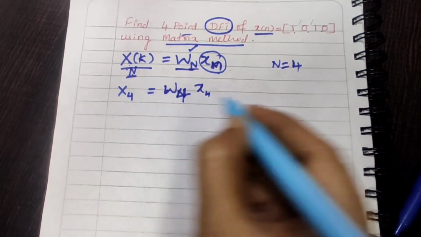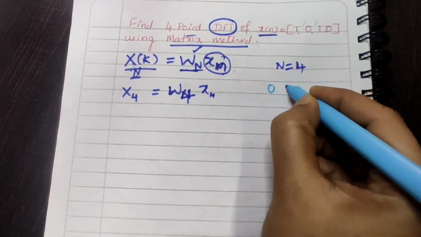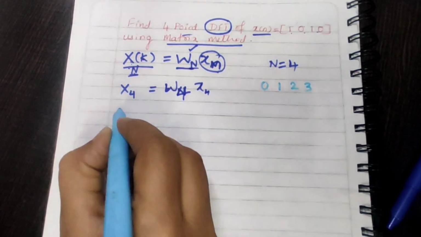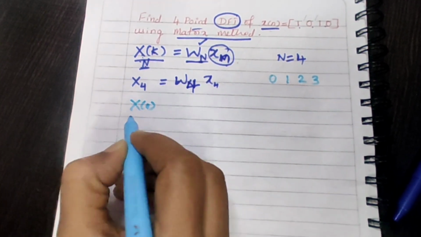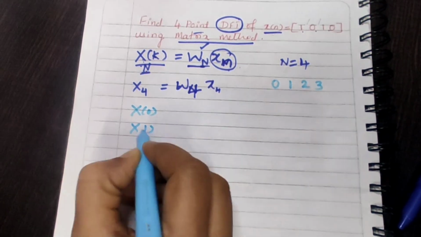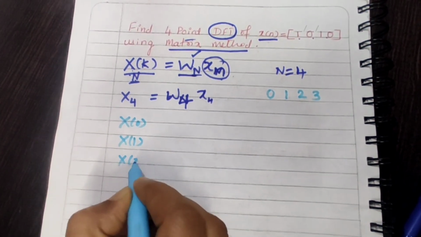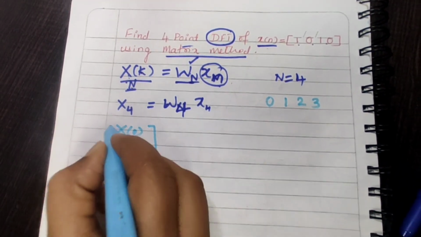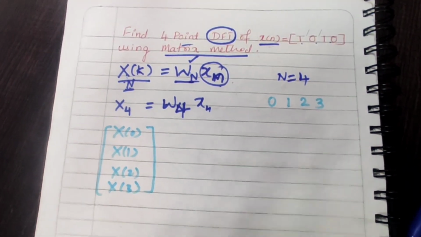Remember, N equals 4, which means 0, 1, 2 and 3, four sequences. So we have to write X of 0, X of 1, X of 2, X of 3, and find these in matrix form.